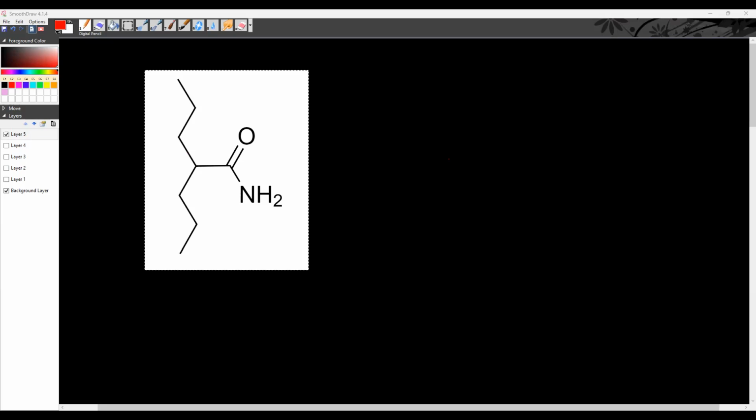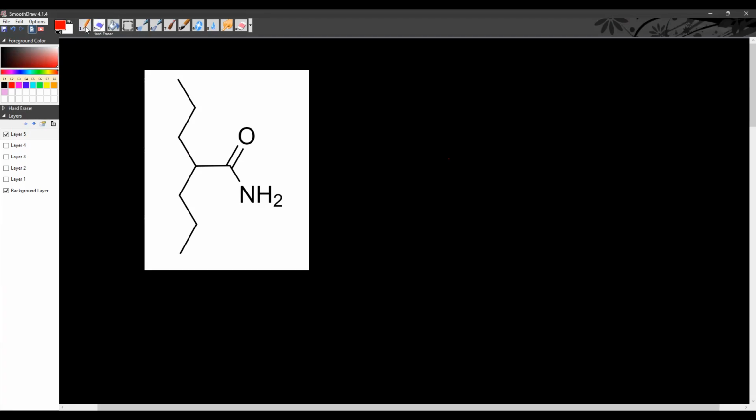All right. Here we have a made-up drug, similar to valproic acid. What are the valid metabolic pathways for this drug?